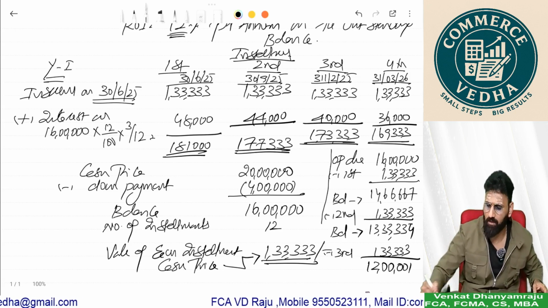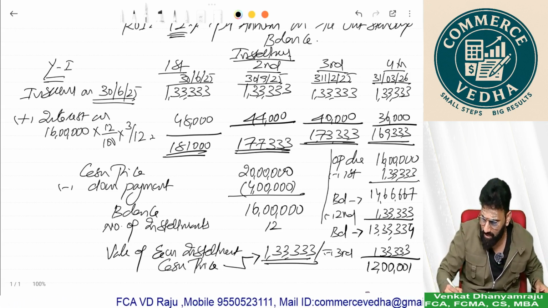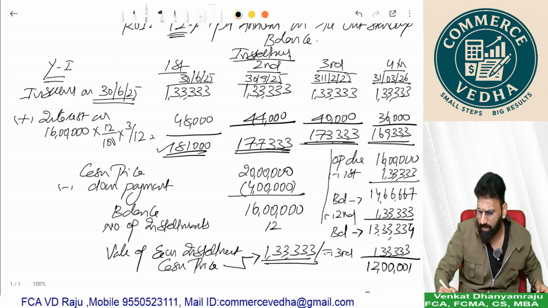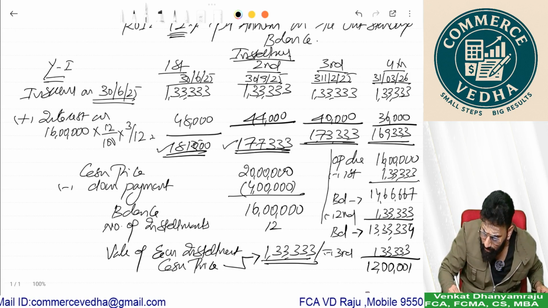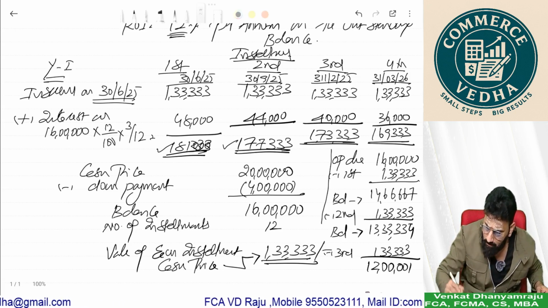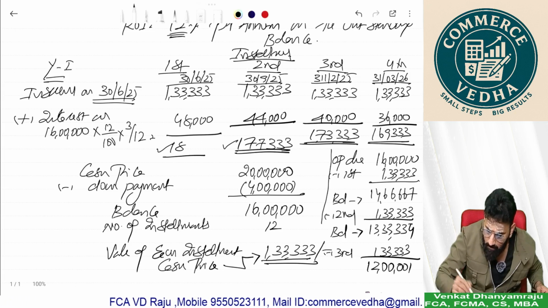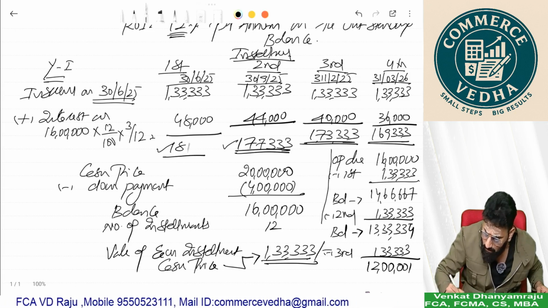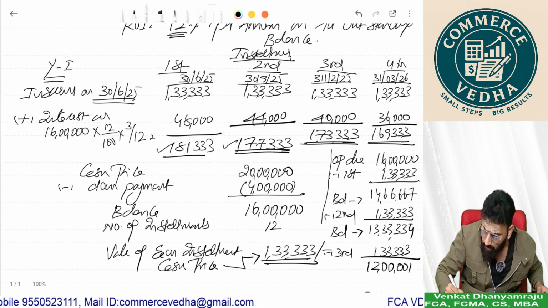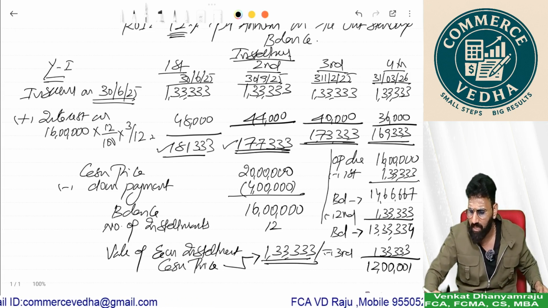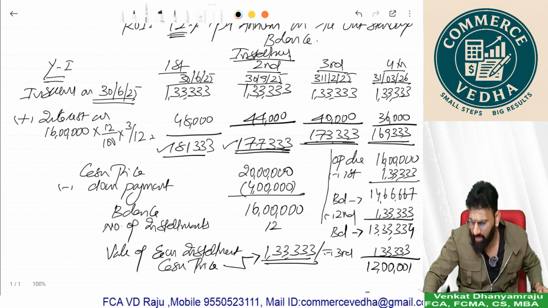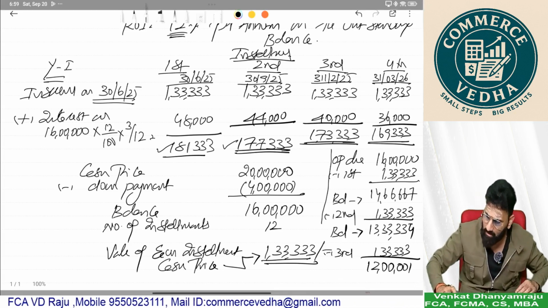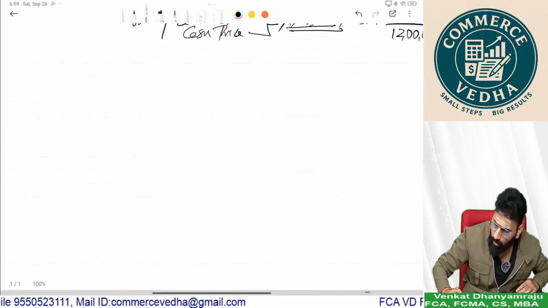This was the first year. What we did is we identified first installment is 181,333, second installment 177,333. Third 173,333. Fourth 169,333. Similarly, I can actually compute for full also like this.